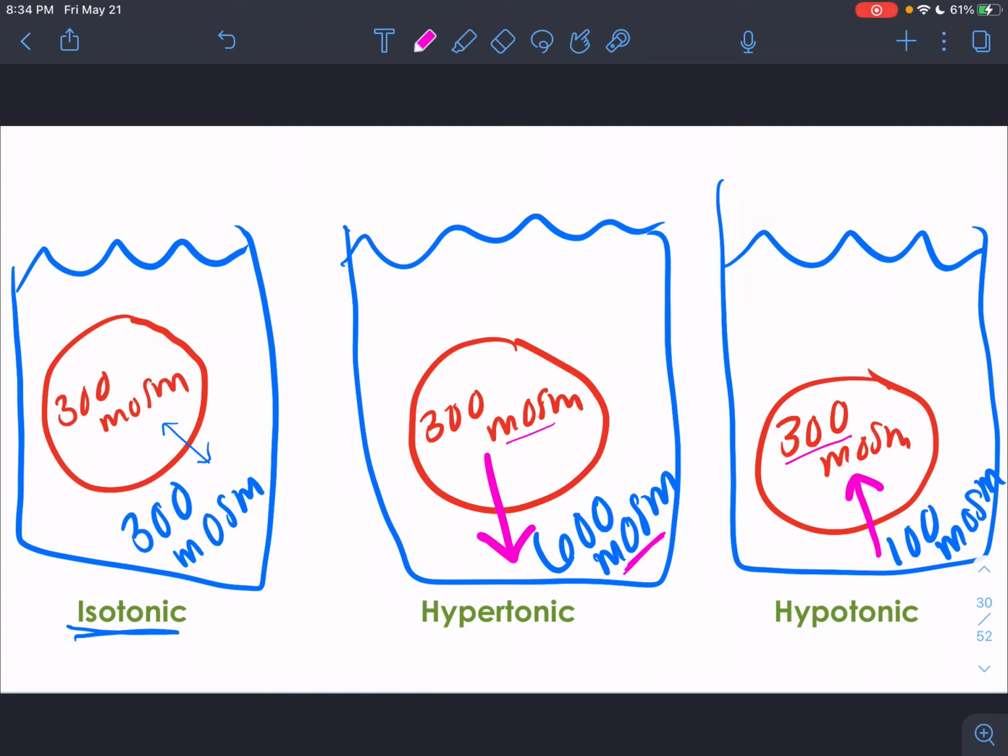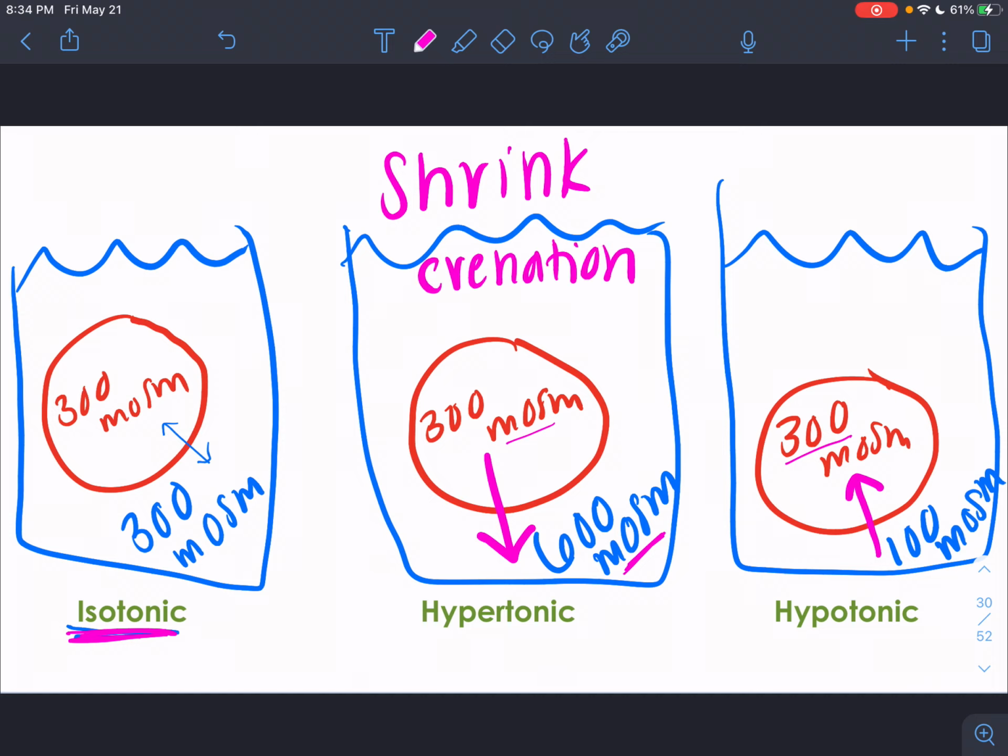In isotonic, nothing's really going to happen because it's already at equilibrium. Hypertonic solution, the cell is going to shrink, and we call that crenation. In a hypotonic solution, the cell is going to swell, and if it gains too much water, eventually that cell will burst, and we call that lysis, when the cell bursts.